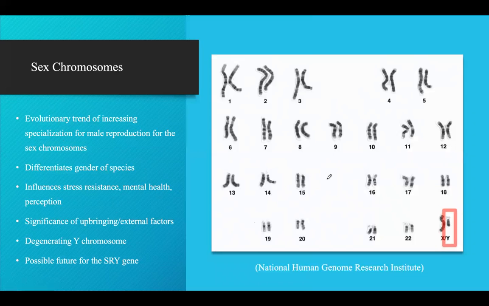I came across a bunch of information. A question that I always had was, were these sex chromosomes always there? Or did they emerge separately at a later time?